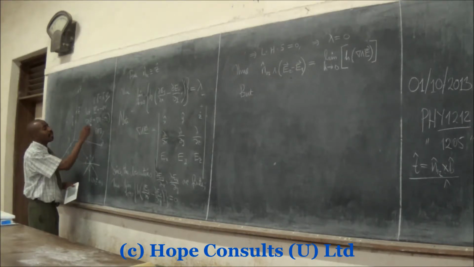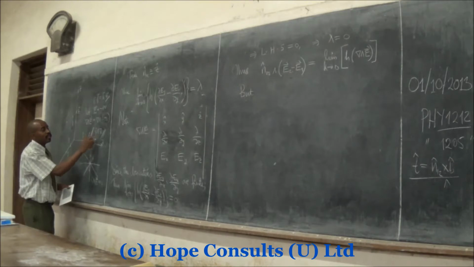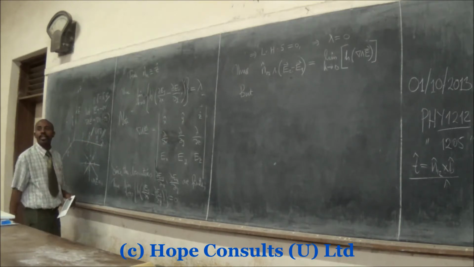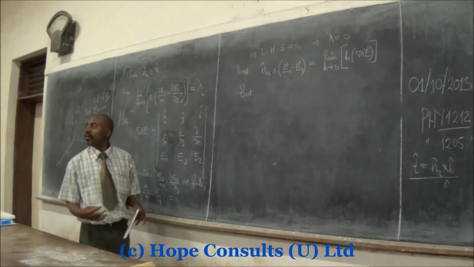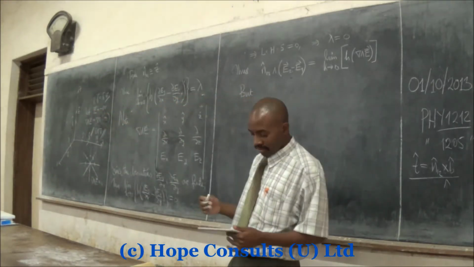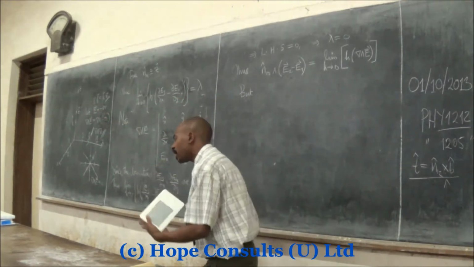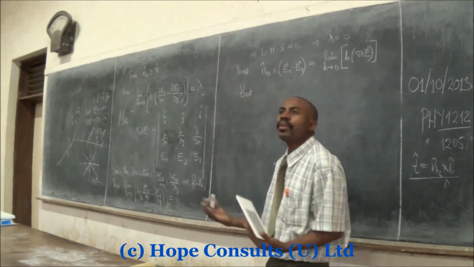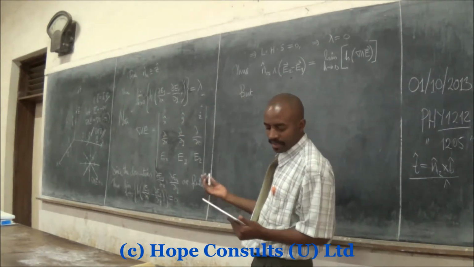So even by this method, we can show that the curl of electric field is equal to 0. You try to curl the electric fields, you don't get anything. They disappear.